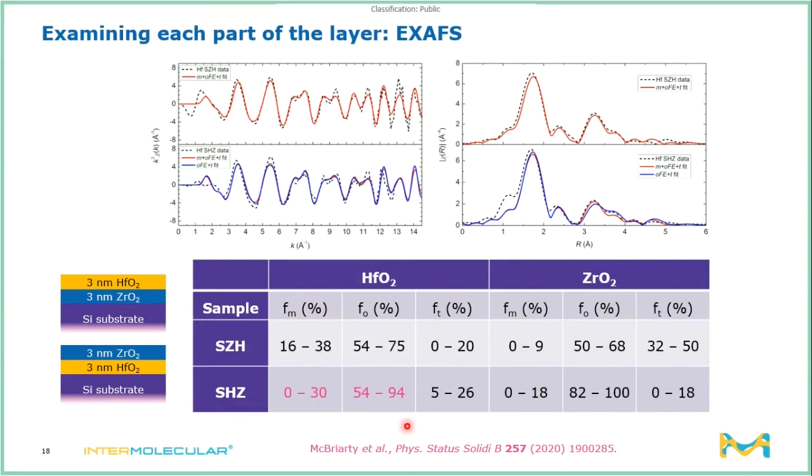If we just use this XAFS technique, there's actually a lot of uncertainty in this measurement because the orthorhombic and tetragonal structures are very different in XAFS, but the orthorhombic and monoclinic structures are very similar. And so as you can see, particularly for hafnium oxide, there is a wide degree of variability that you get in the estimates for how much of each crystalline fraction that you have in this film.